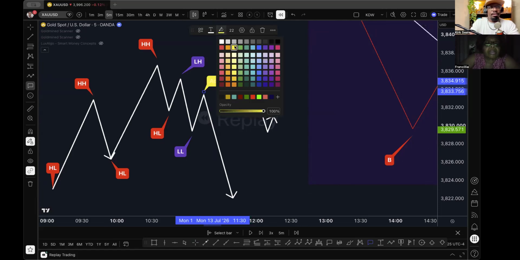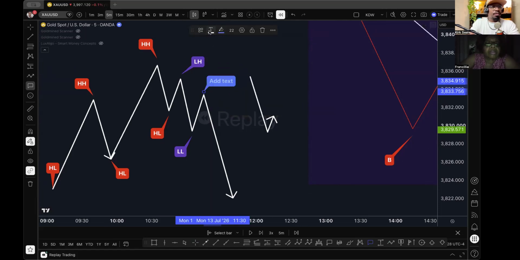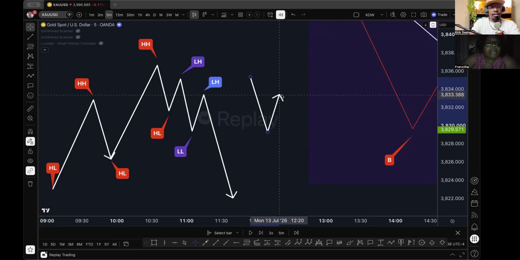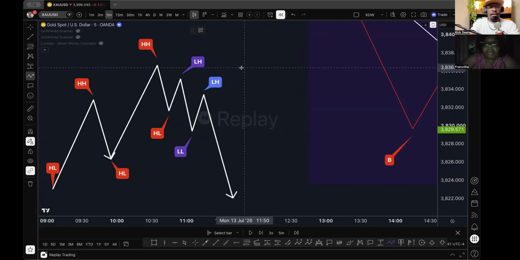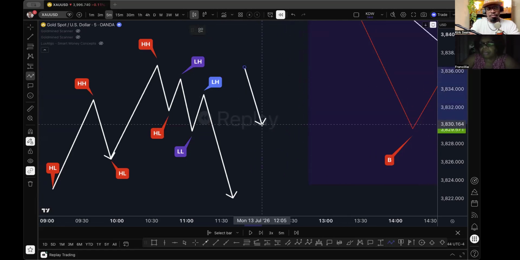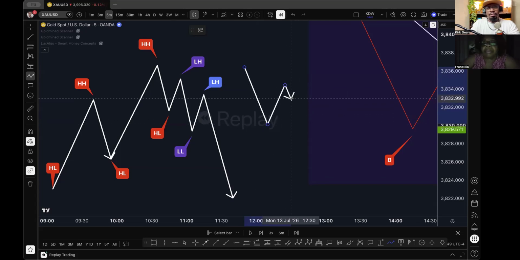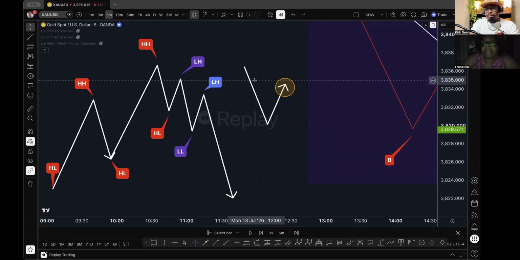And you're going to say, you know what, let me see if I get another lower high. Because if you get another lower high, all of a sudden you have two parts out of that pattern that I told you guys about. Lower high, lower low, lower high. And if this lower high shows up, you know this is where you actually sell from.